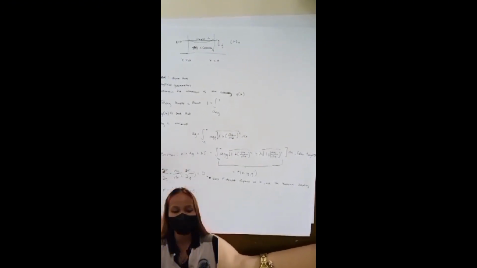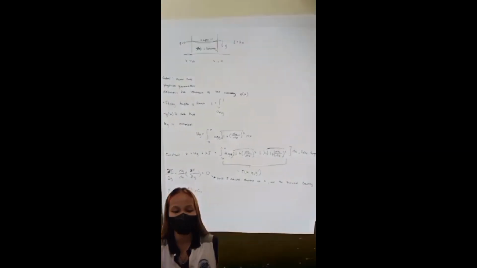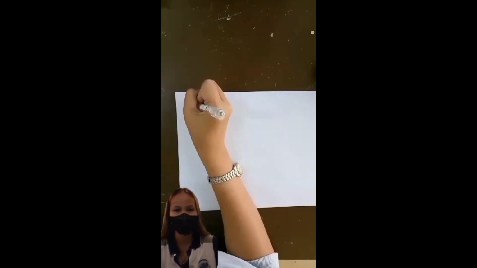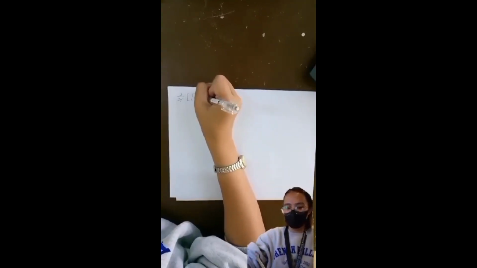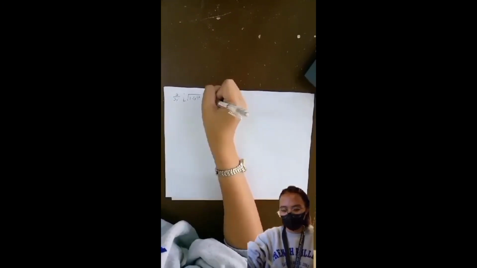Now capital F actually contains the square root of 1 plus y prime squared twice. So let's first find the partial derivative with respect to y prime and plug everything in from there.